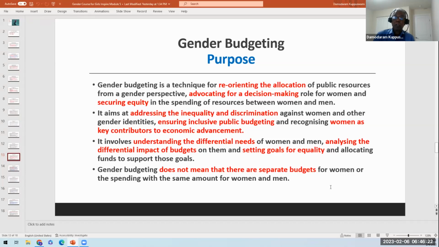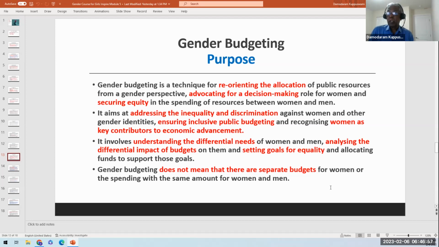Civil society organizations look at gender budgeting as well as tracking the budget: how is it meeting the differential needs, and what impact do budgets have on women and men, so that gender budgeting can become a tool for gender equality.